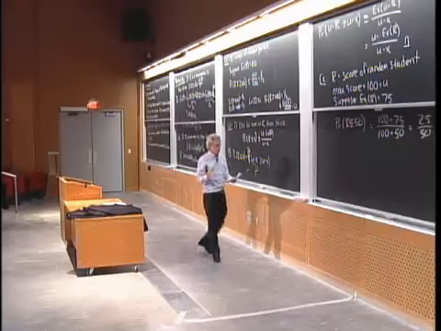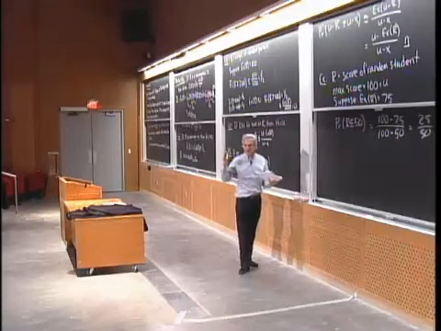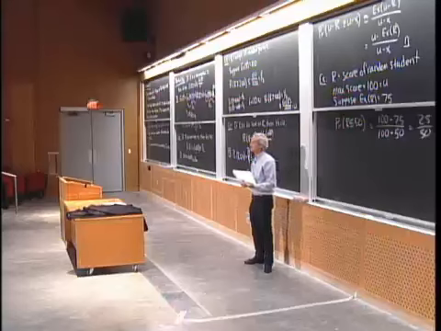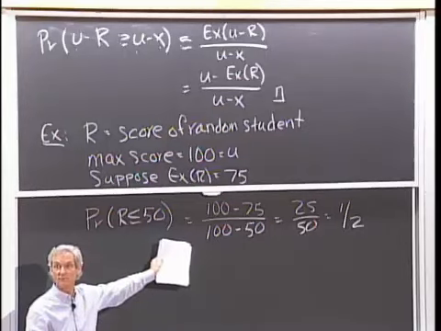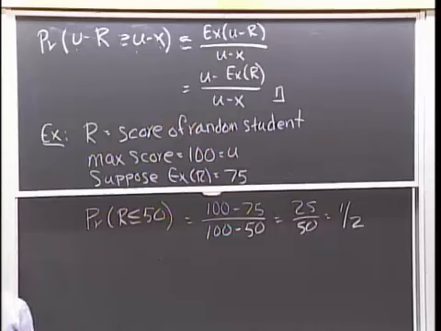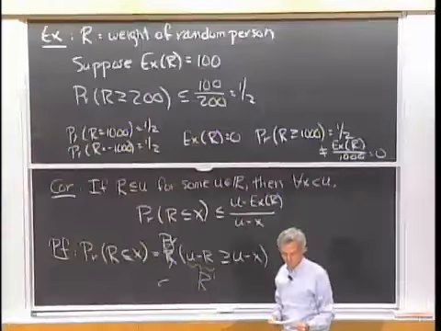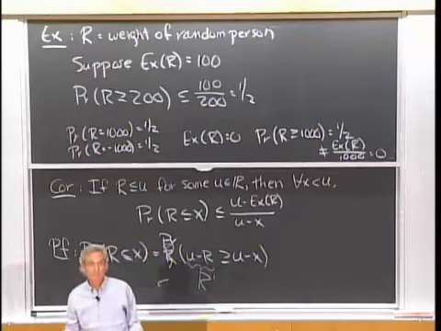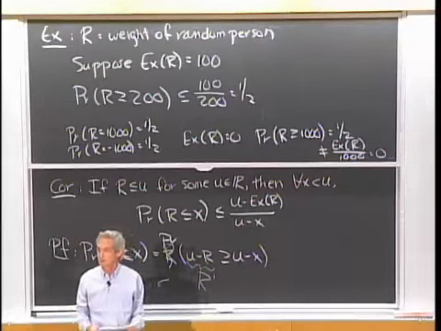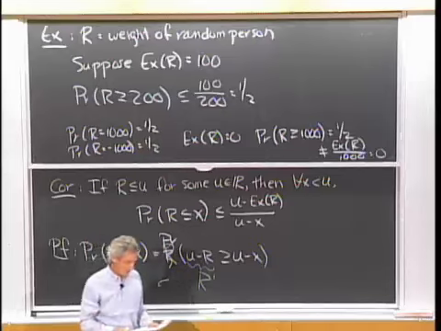OK, so sometimes Markov is dead on right, gives the right answer. For example, half the class could have scored 50 and half could have gotten 100 to make it be 75. And sometimes it's way off, like in the hat check problem. Now, if you know more about the distribution, then you can get better bounds in the cases when you're far off.